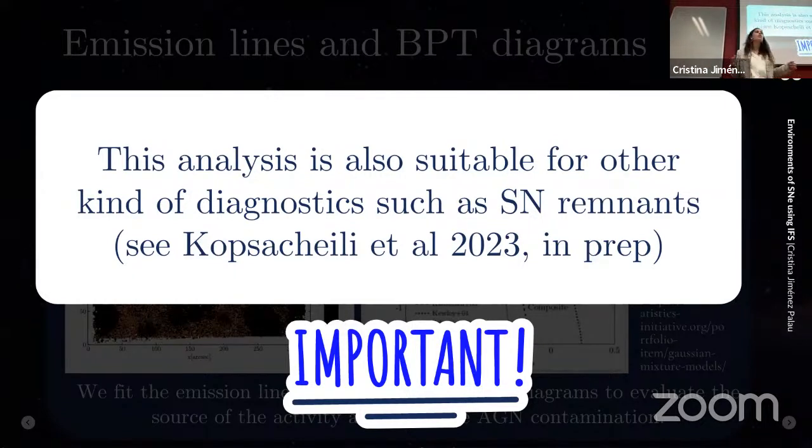So if any of you want to do any kind of mapping of galaxies and obtain emission line maps for doing, I don't know, AGN, H2 regions or any kind of analysis like that, just contact me, because this will be public and free. So don't hesitate to contact me.